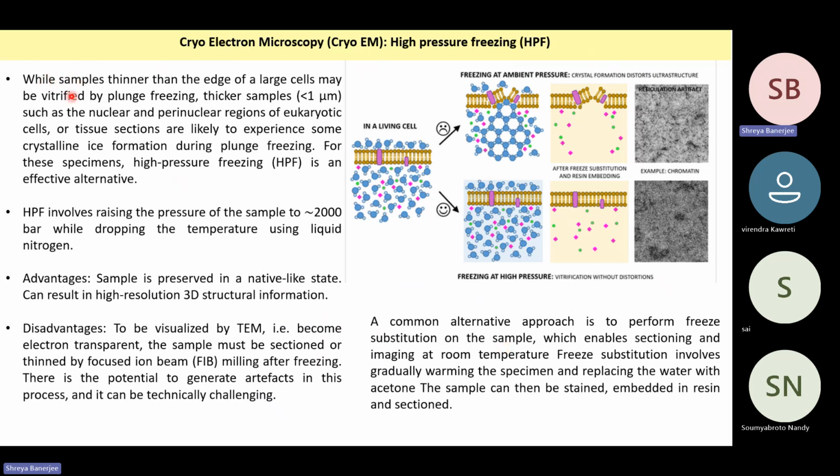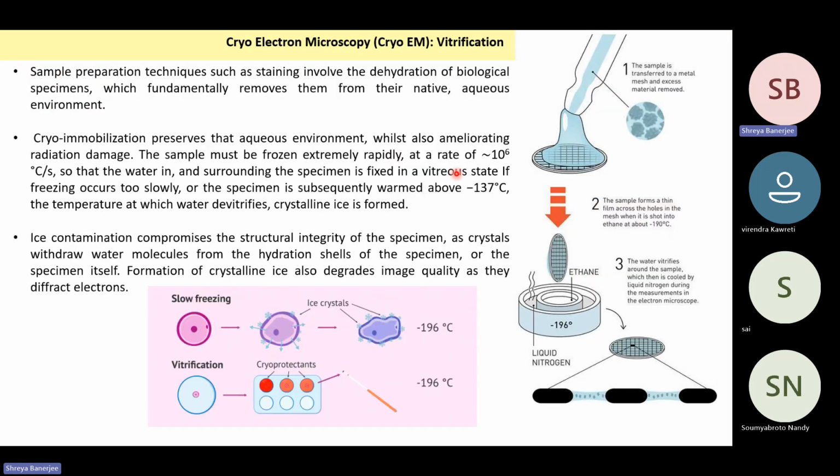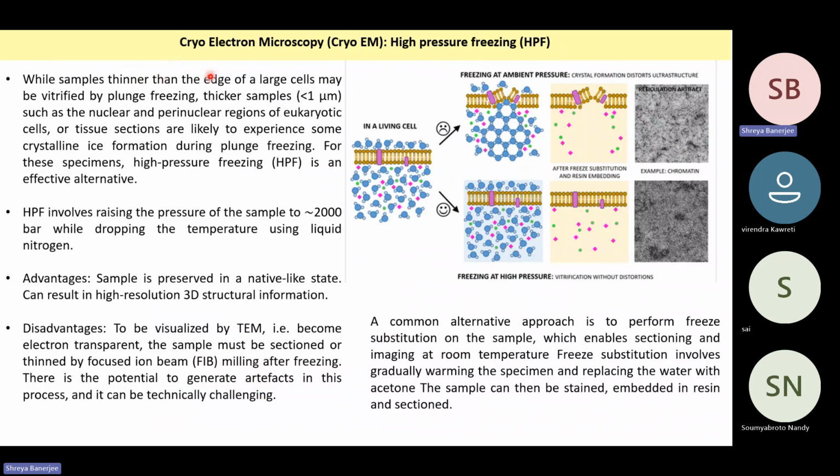Again, another thing is that samples thinner than the edge of a large cell can be vitrified. Vitrified means freezing the water in the native orientation. So samples thinner than the edge of a large cell may be vitrified by plunge freezing.